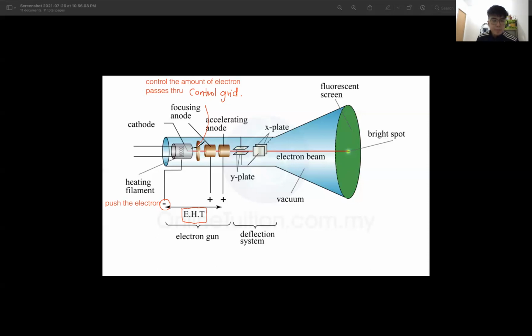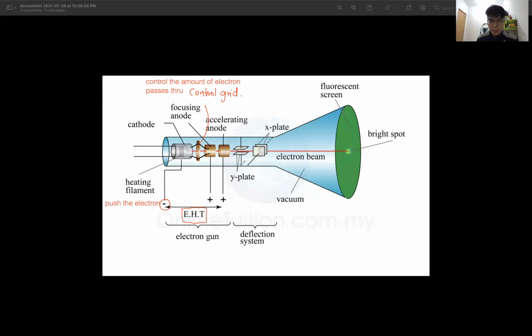Initially it curves up, but then if you put the focusing anode, then it will curve up and it will come back down like this. Curve out and then come back down into the anode, the cylinder. Okay, so this make it narrow. The focusing anode make it narrow. And then the next one, accelerating, then it pushes at high speed. This section makes up the electron gun.